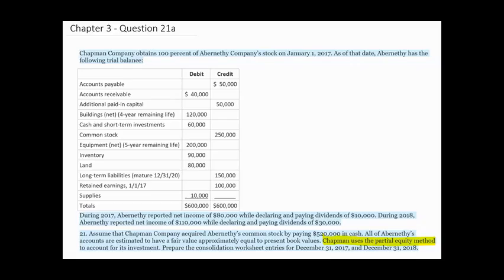And the second is that all of Apple's accounts are estimated to have a fair value approximately equal to book value, which means there's no account with a different fair value than book value. That makes the calculation a little bit easier than the 2 questions we did before, question 19 and 20. All right, so I'm going to use the next video to show you the solutions.